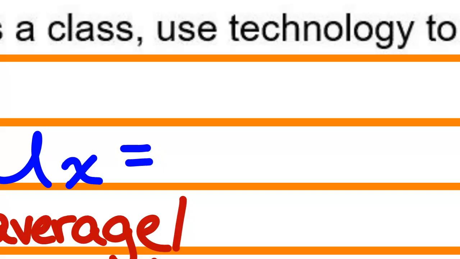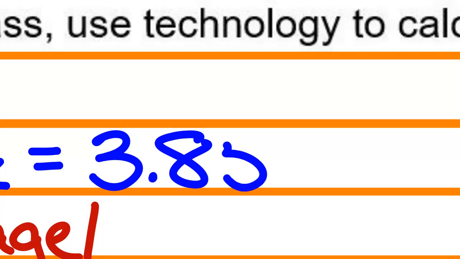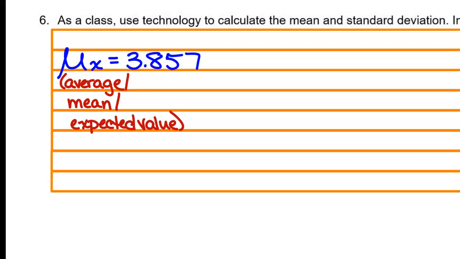We came up with an average of 3.857. And now I want to know what that means.